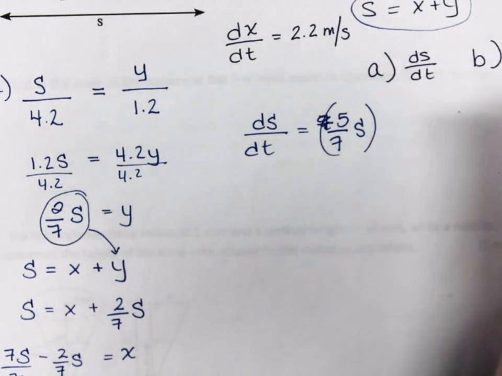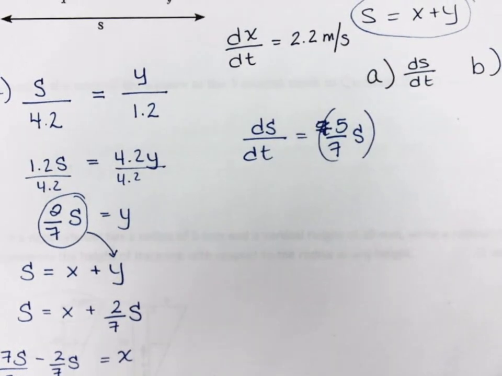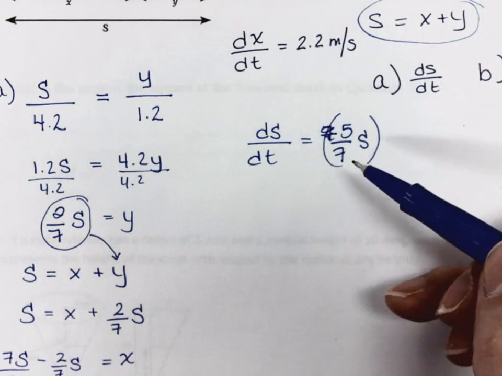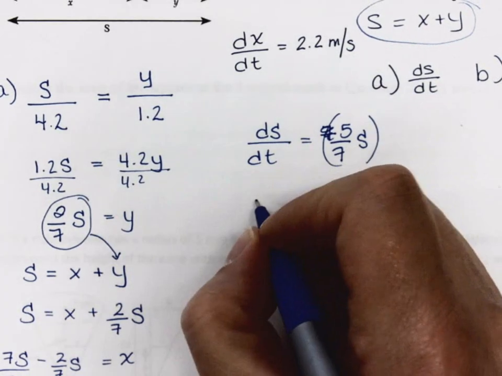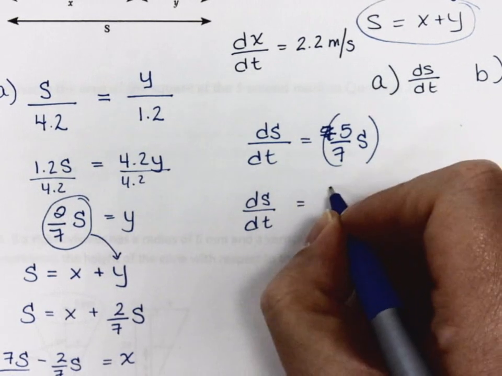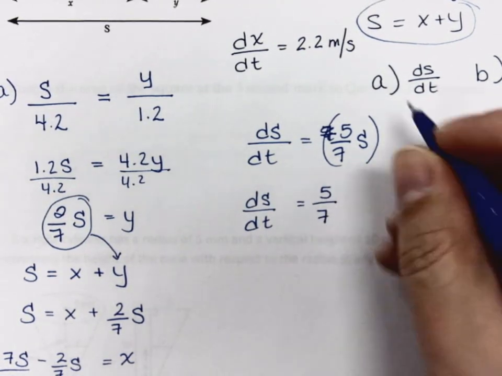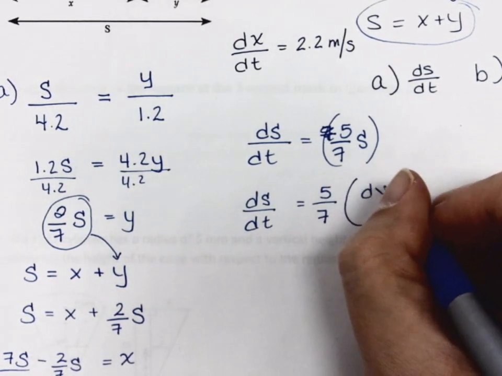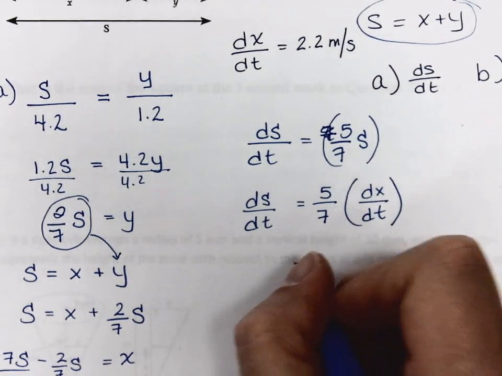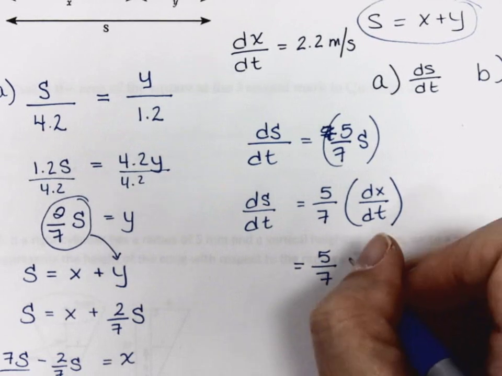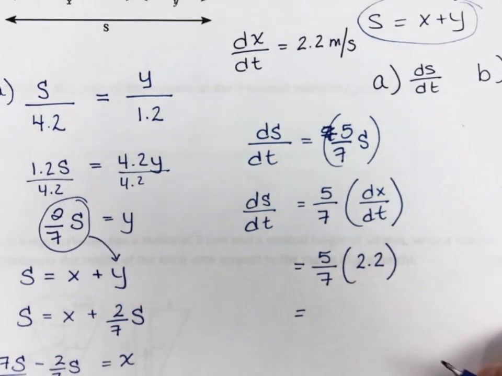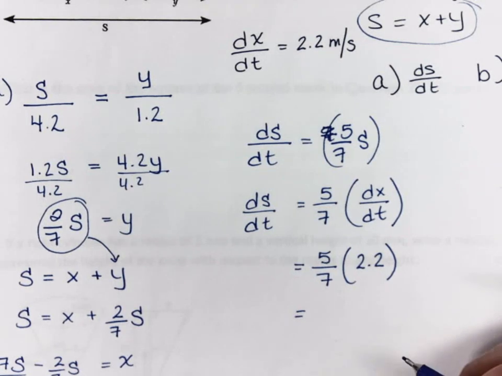So really, this equation, we know that dx over dt is this. So really what we're going to be doing here is the derivative of ds over dt is going to be our 5/7 times that derivative. Wait, where do you get this equation?